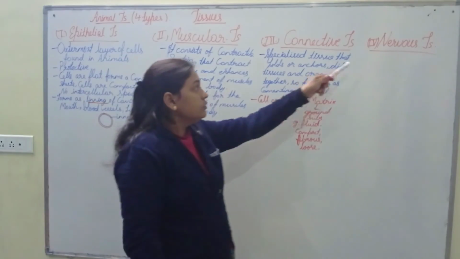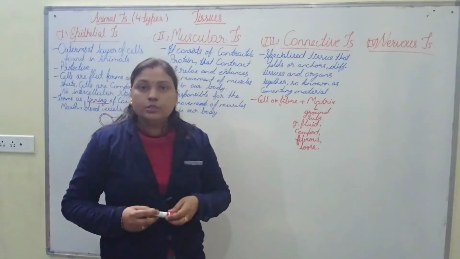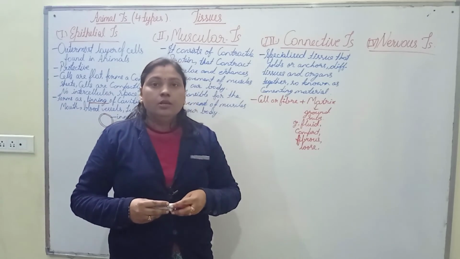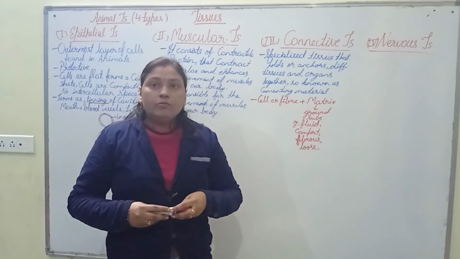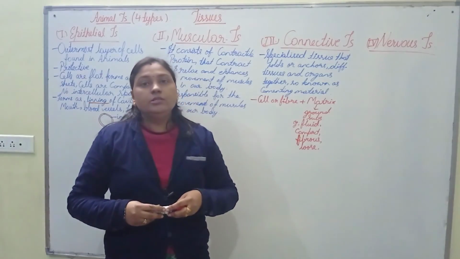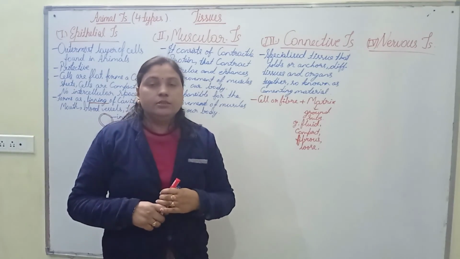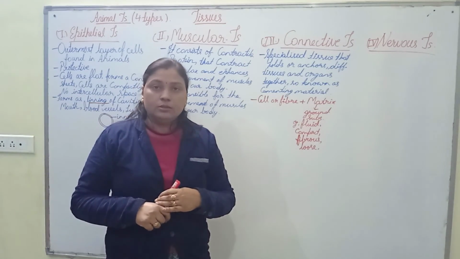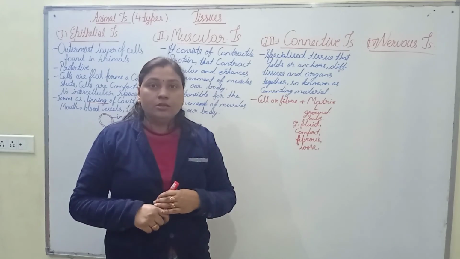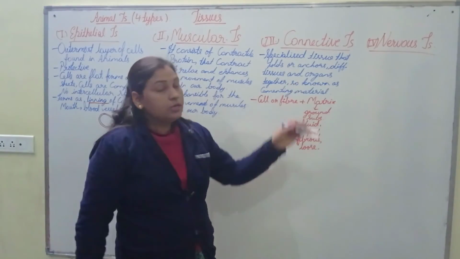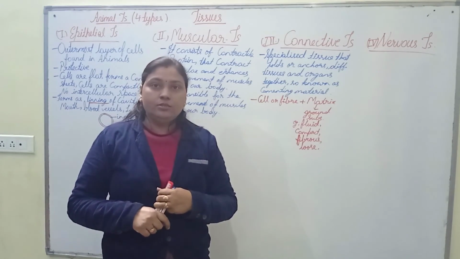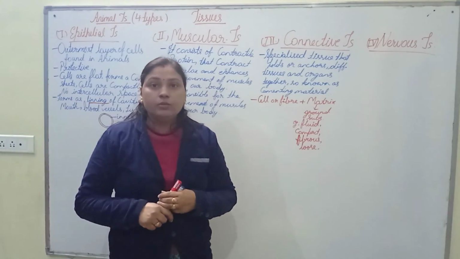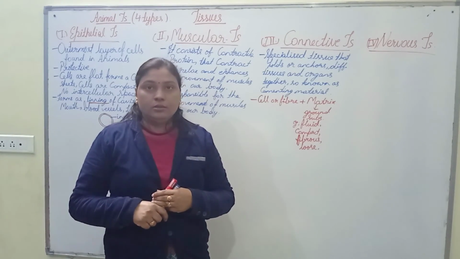Now we have nervous tissue. Nervous tissue is a highly specialized tissue. All our body cells possess the ability to transmit signals from one cell to another. But the cells of nervous tissues are highly specialized in transmitting signals from one part to the other.